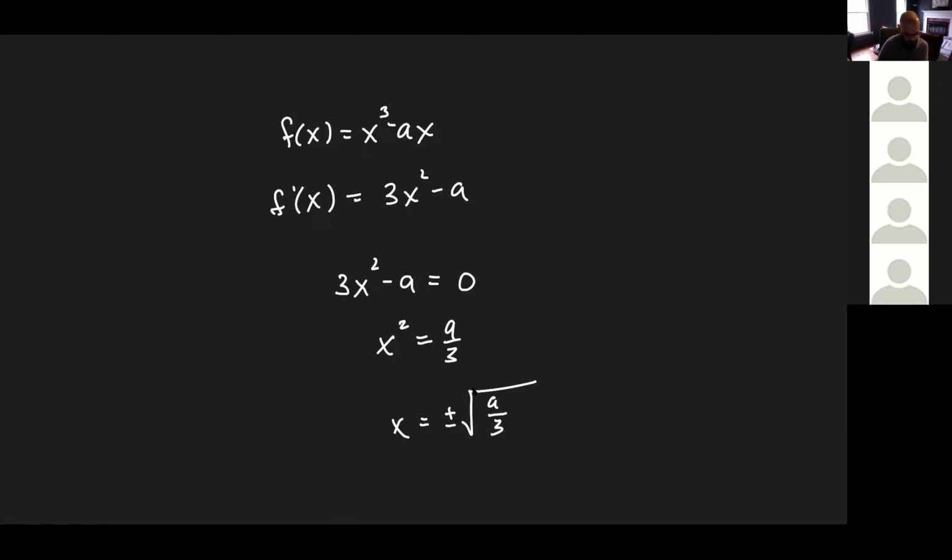One thing we want to notice is that a is always positive, because if it's negative, then this is going to be undefined, right? These values only exist when a is a positive number. If a is a negative number, we'll have issues. So let's keep plus or minus square root of a over 3 in mind when we go back to our graph.